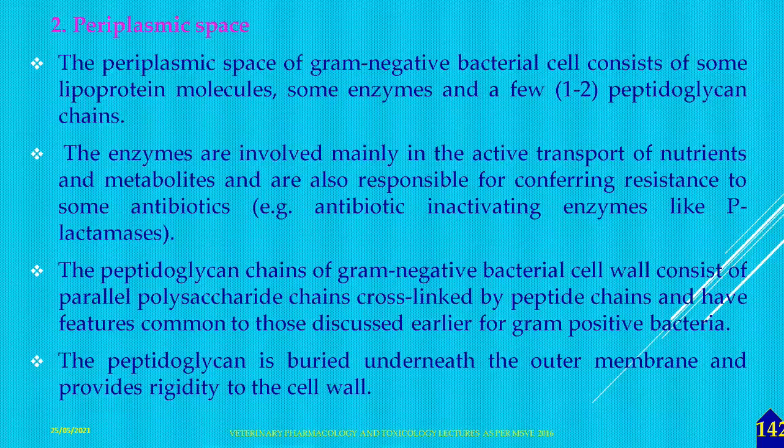Then there is a space called the periplasmic space. This periplasmic space of the gram-negative bacterial cell wall consists of some lipoprotein molecules, some enzymes, and 1 to 2 peptidoglycan chains. That's what we have seen here, especially the periplasmic space here.